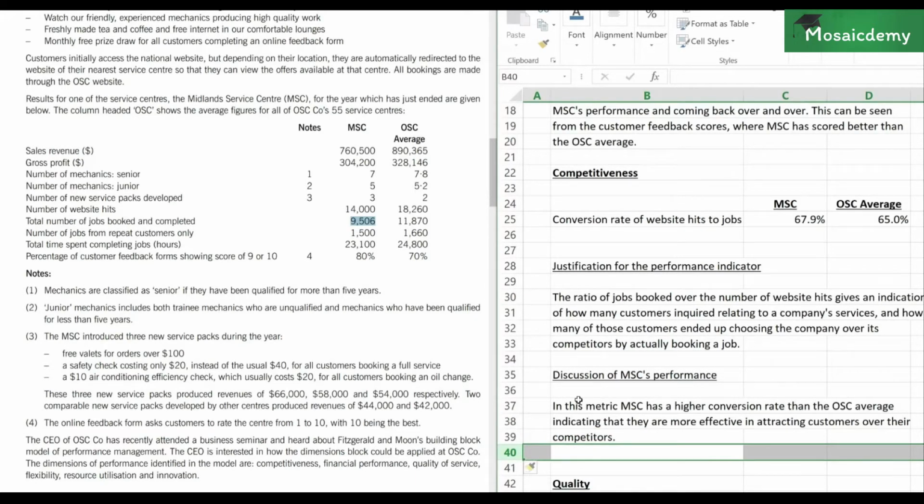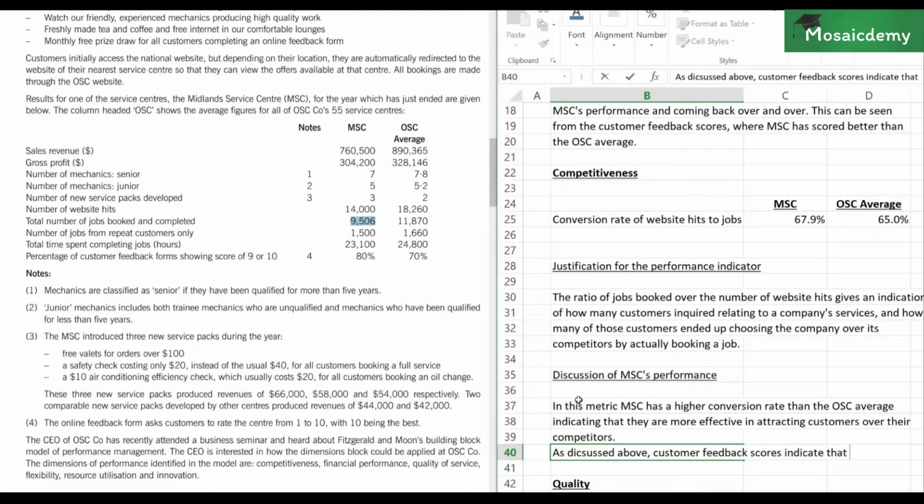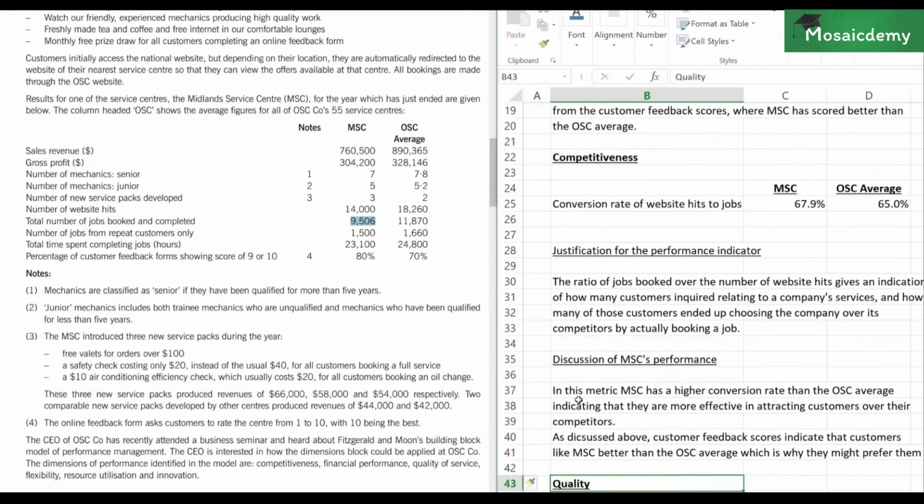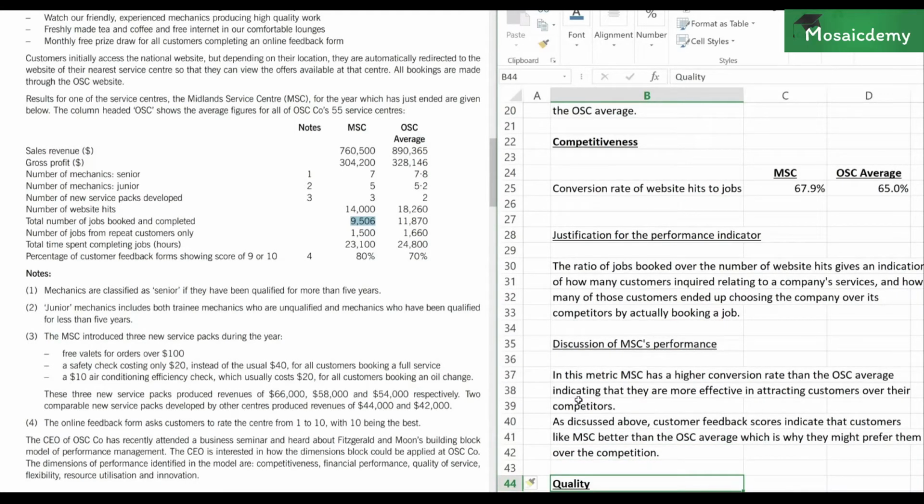As discussed above, customer feedback scores indicate that customers like MSc better than the OSC average, which is why they might prefer them over the competition. Okay, and once again, if need be, we can modify this as we move along.